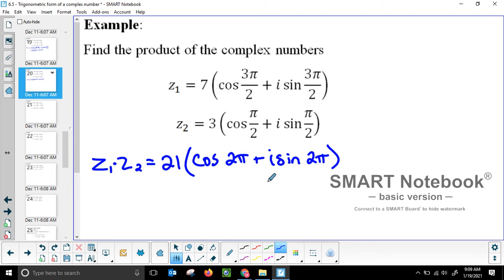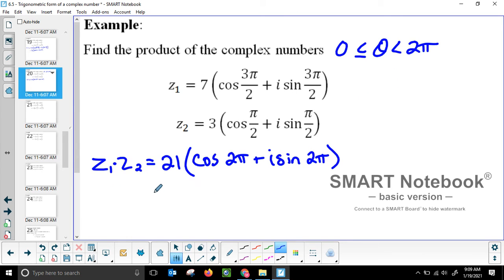Now a lot of times, like was mentioned earlier, when you give a number in trigonometric form, they want theta to be between 0 and 2 pi, not counting 2 pi.